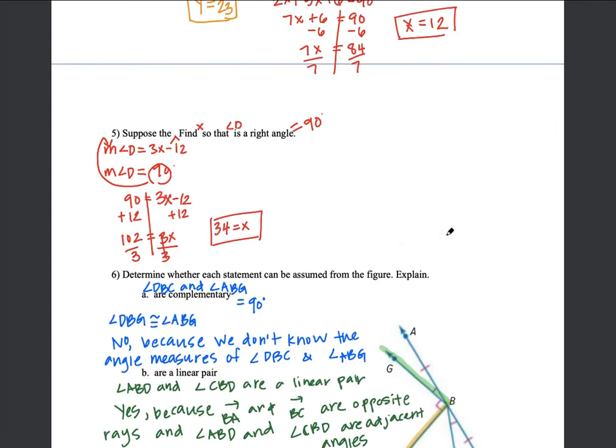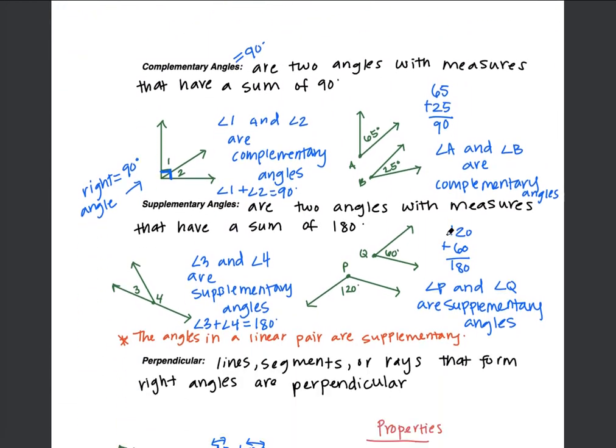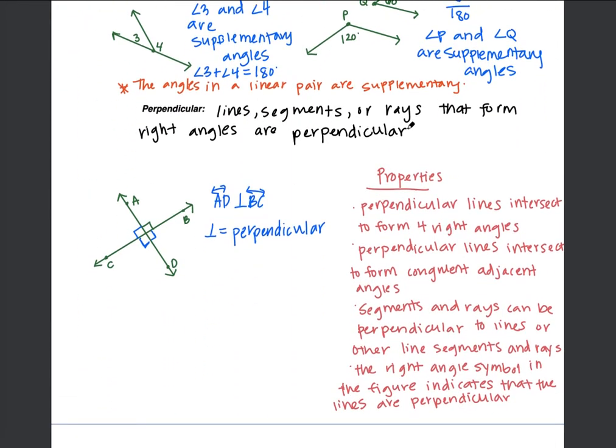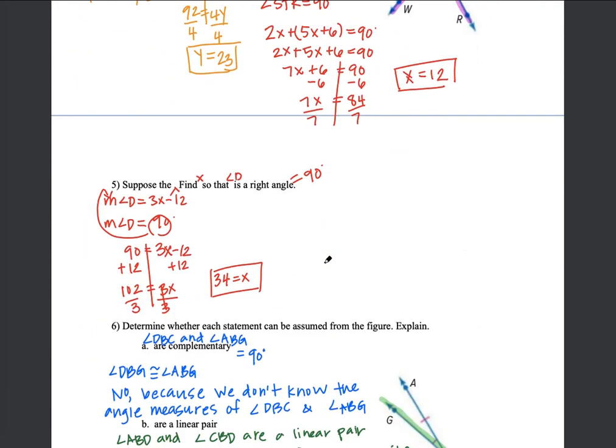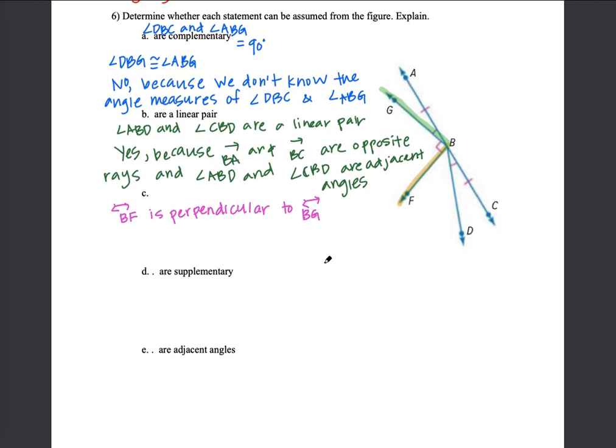Let's go back to the definition of perpendicular. It says line segments or rays that form 90-degree angles are perpendicular. So we have line segments or rays that form a 90-degree angle, then they're perpendicular. Okay, well if I look at BG and BF, what's on the inside of that angle? Notice that there's this little triangle. That triangle means that it's a right angle. So if it's a right angle, it's 90 degrees, that means that the two rays are perpendicular.